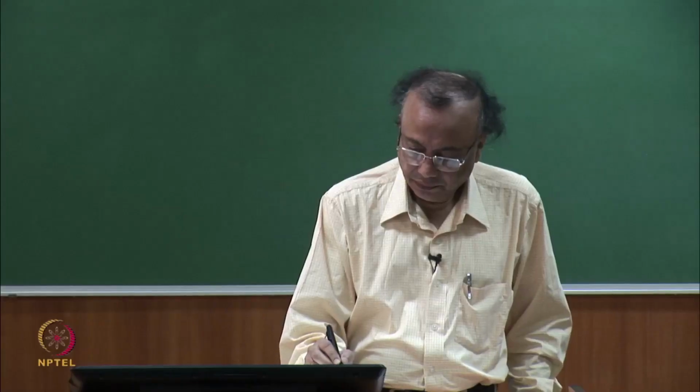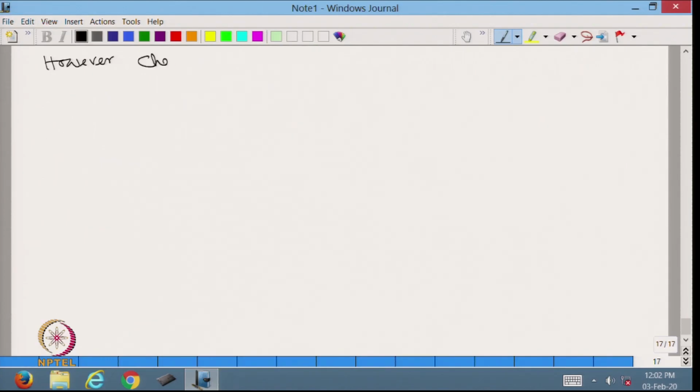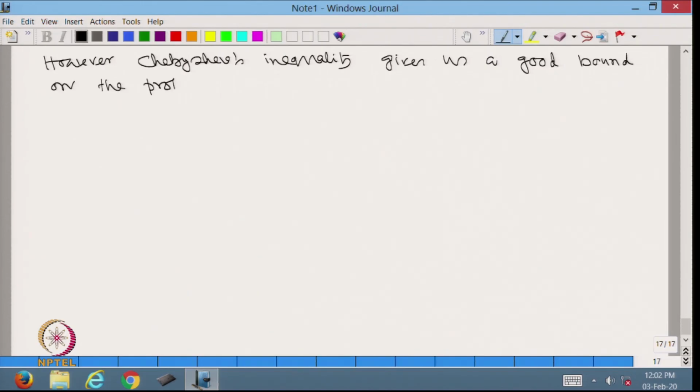However, Chebyshev's inequality gives us a good bound on the probability of its variability around mean, that is expectation.